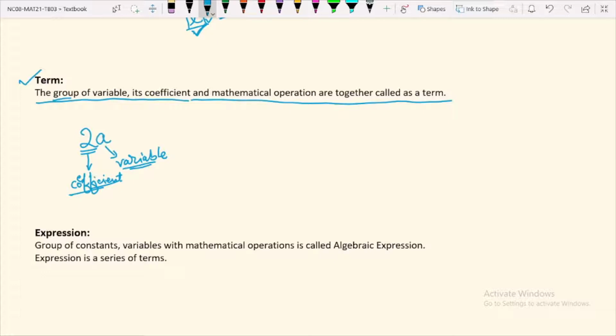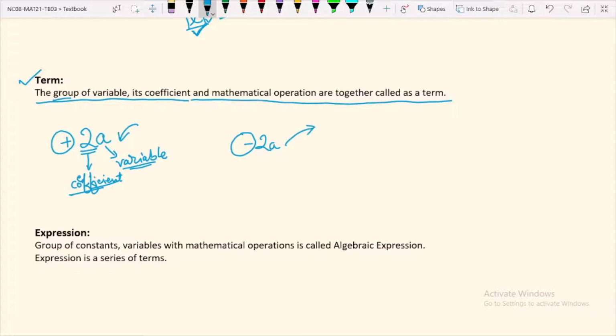And then the mathematical operation. If I am gaining 2 apples, I can write it as plus 2A. If I am losing 2 apples, I can write it as minus 2A. So this plus or minus is the mathematical operation happening on these apples.